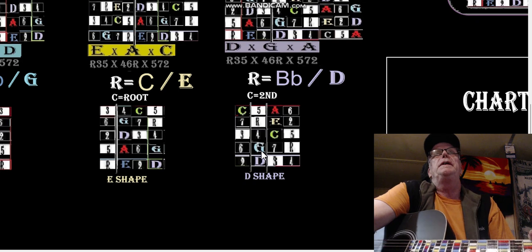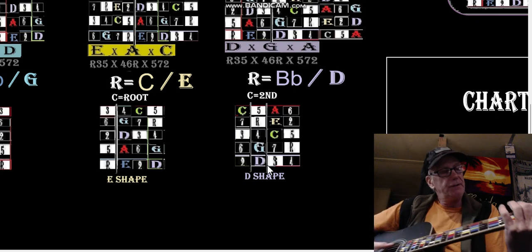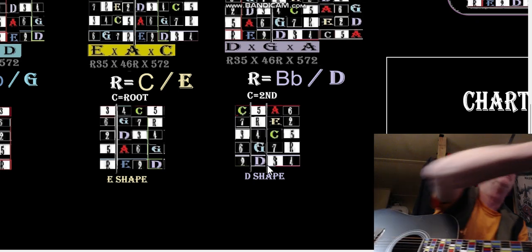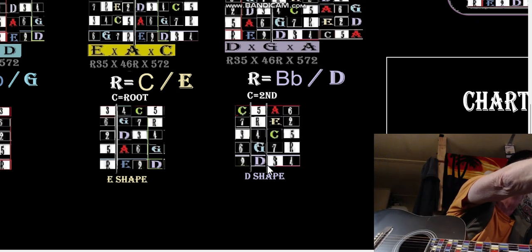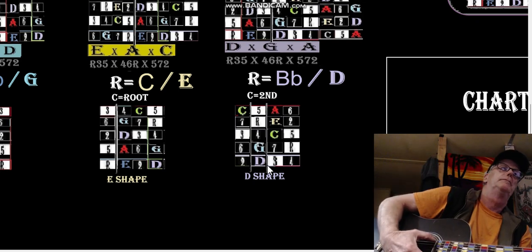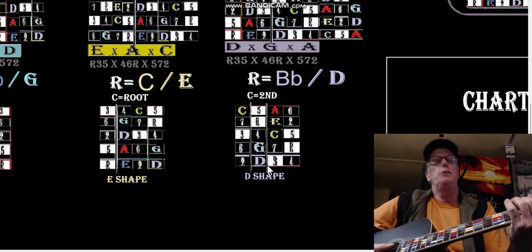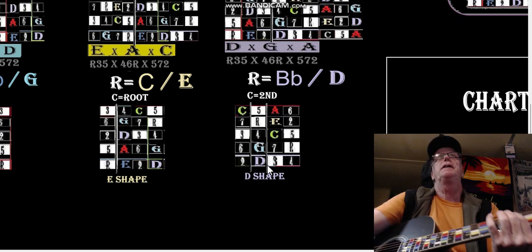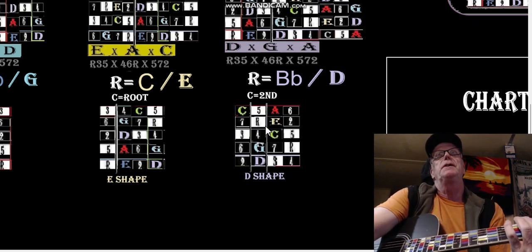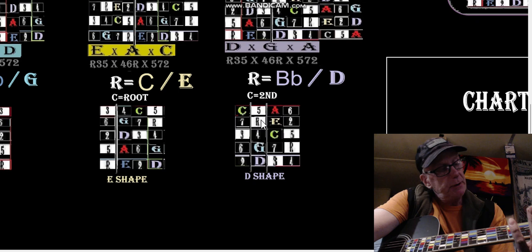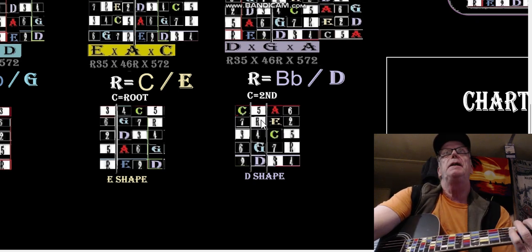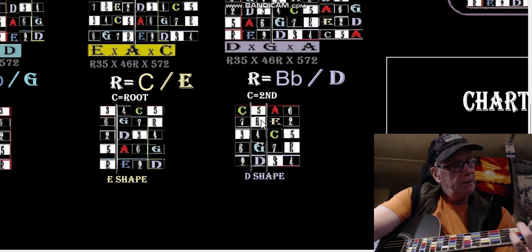So what we're going to do is move the finger bar up here to get this D shape. Way down here is D, same old D. We would move the finger bar up to catch this guy and this guy up here, the root and the 5th, and then we have the 3.